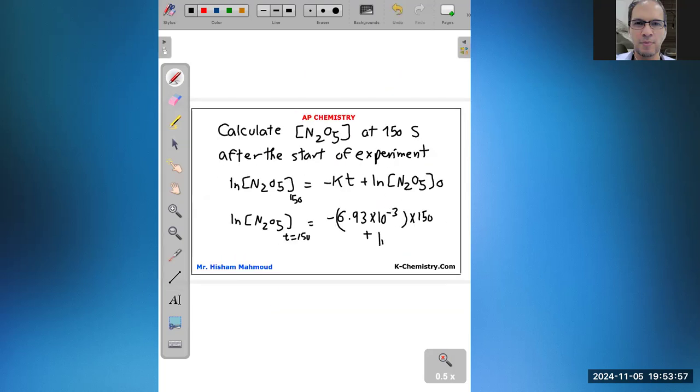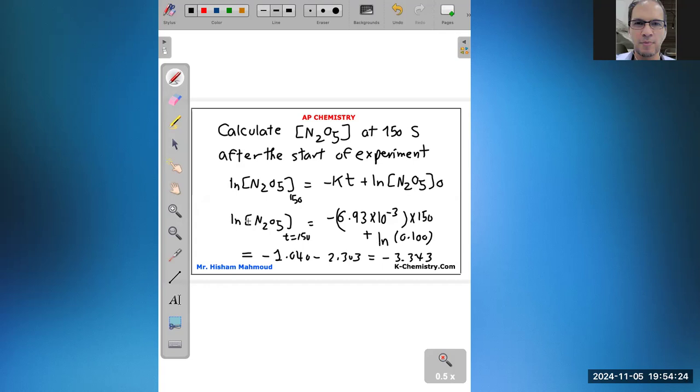So ln N2O5 at 150 seconds is equal to negative k, which we found from the graph or from the slope, times 150, plus ln of the concentration at time 0, which was 0.1. So I will just get the value: negative 1.040 minus 2.303. That's equal to negative 3.343.